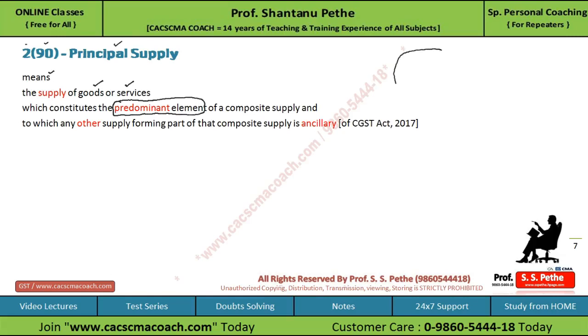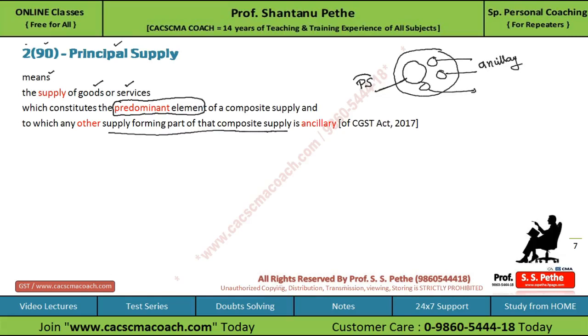So whatever is the predominating element in this composite supply will be treated as a principal supply, to which other supplies forming part of that composite supply are ancillary. This means the rest of the items in the composite supply are just ancillary to the main principal supply. So whatever GST rate is applicable to the principal supply will be applicable on this composite supply.